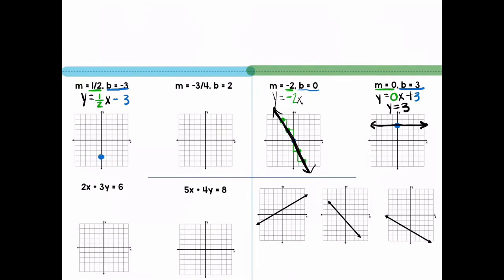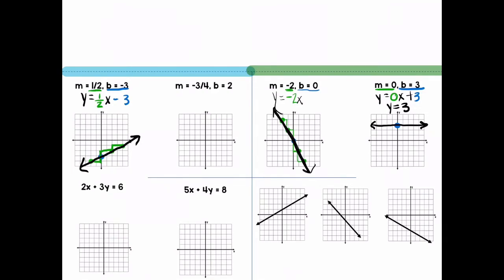My slope is 1/2, so remember rise over run, so I'm going to go up 1 to the right 2, up 1 to the right 2, or down 1 to the left 2. Now that I have an idea of where this line is going, I draw it. It's a straight line because it's a linear equation. And then, ta-da, we have graphed.